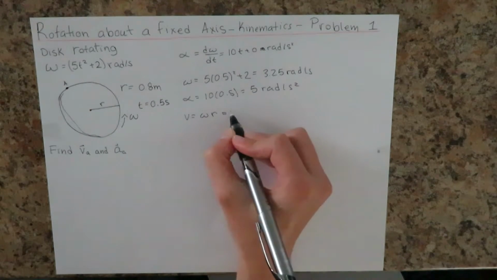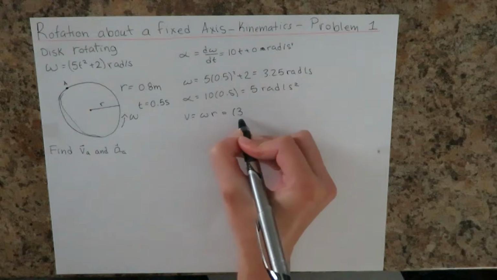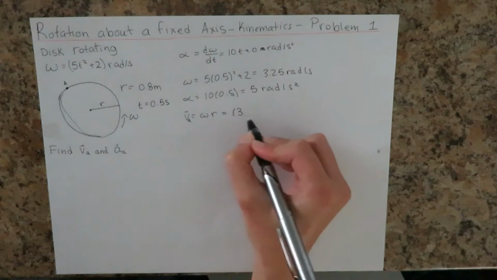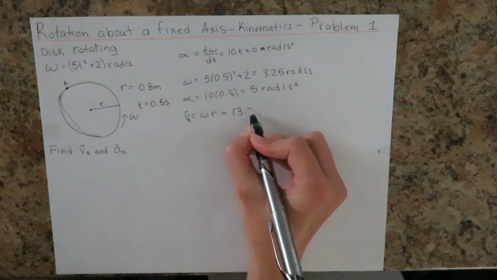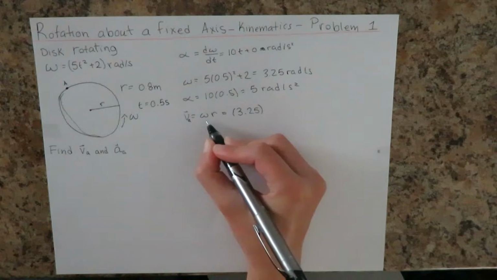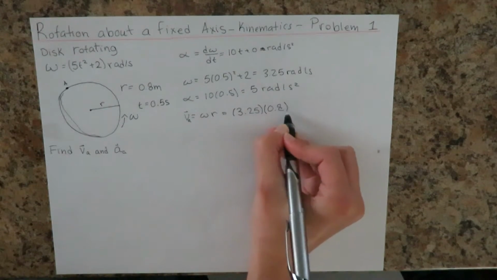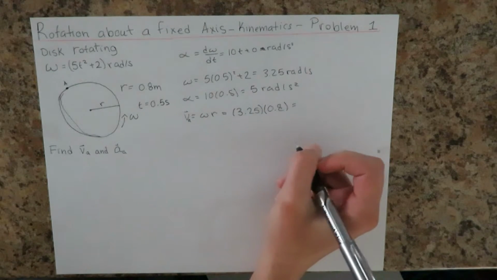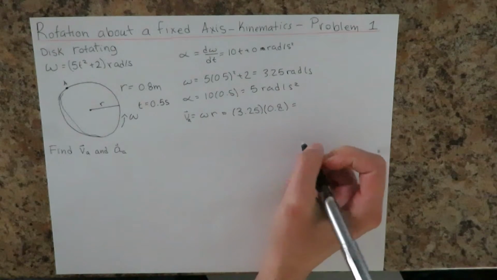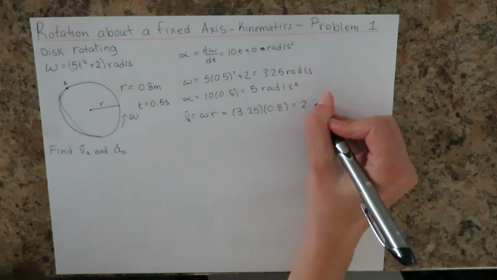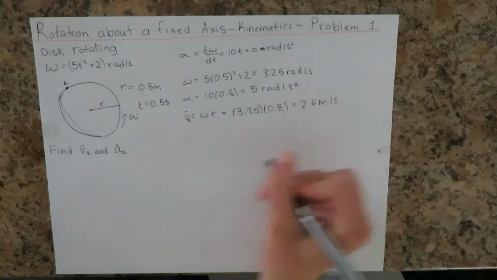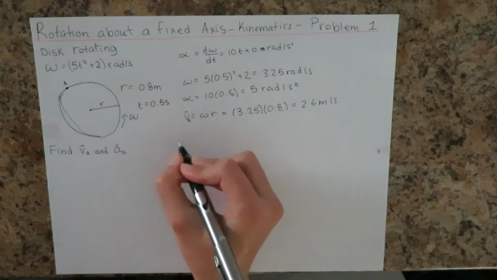Just subbing this in, we can find that our velocity of point A is equal to 3.25, which is our angular velocity, times the radius, 0.8 meters, and that gives us a velocity of 2.6 meters per second, and you can confirm that again in your calculator.